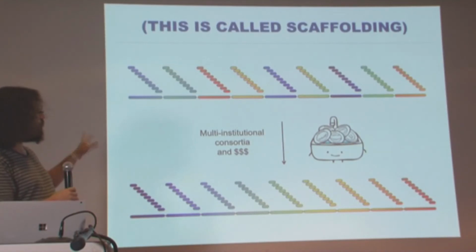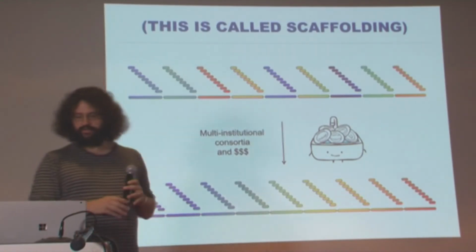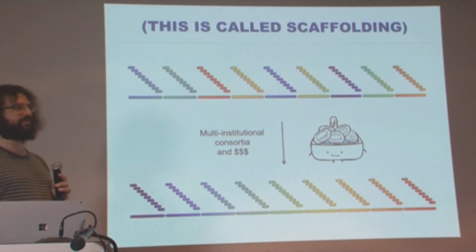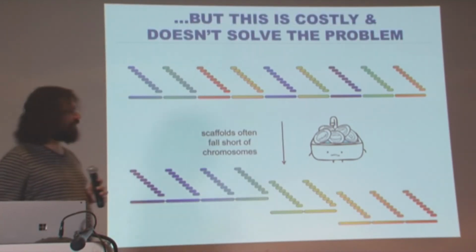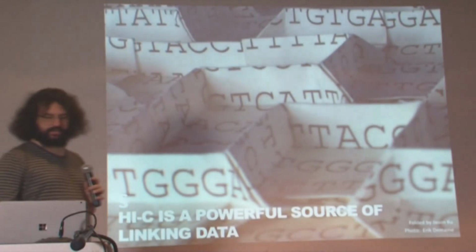So it costs huge amounts of money up till very, very recently. If you wanted to do a good job of scaffolding, typically the resulting papers cost millions and millions of dollars and have hundreds of authors. I should say that even with that, these scaffolds often fall short of chromosomes, despite being very, very costly.